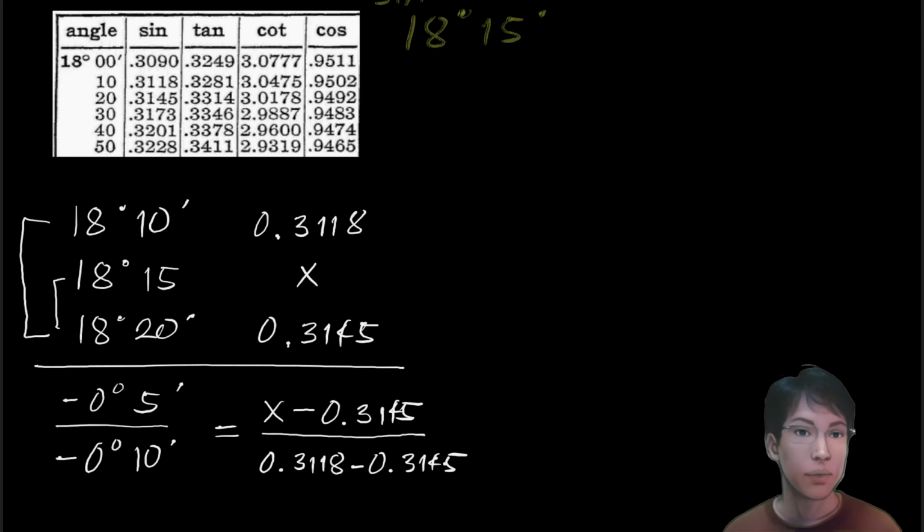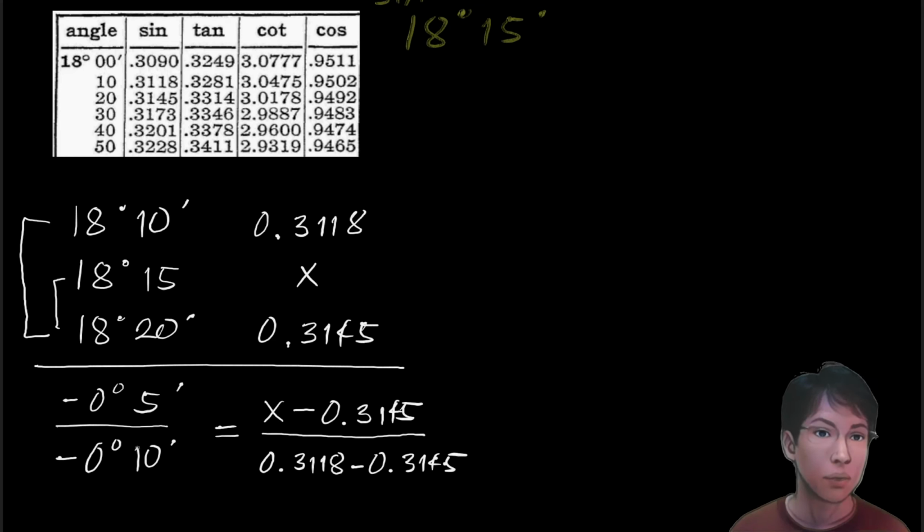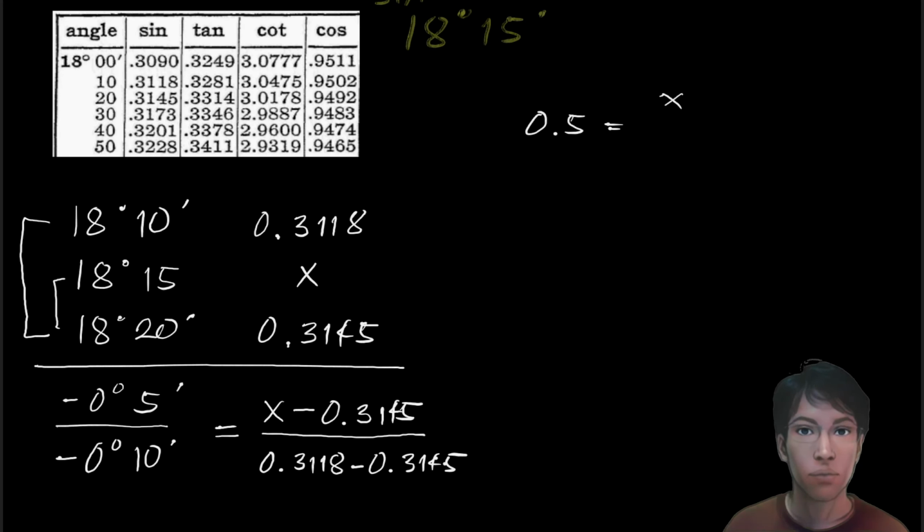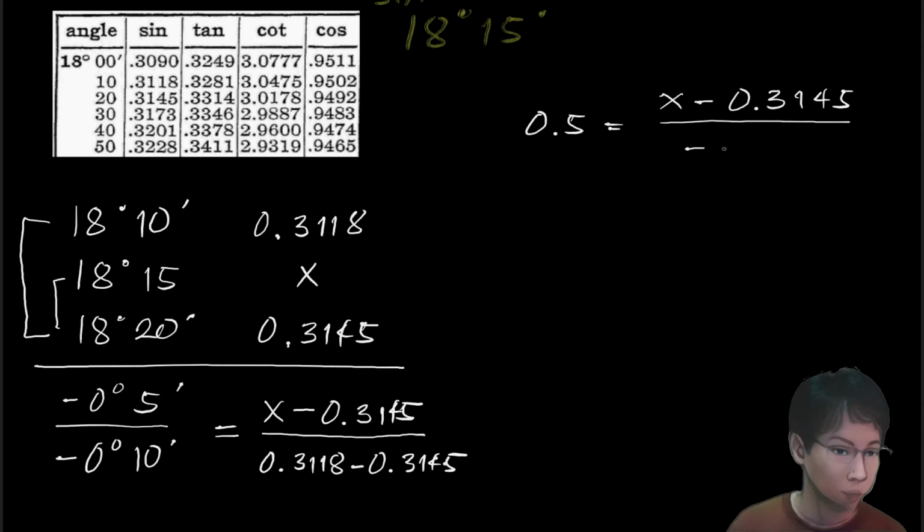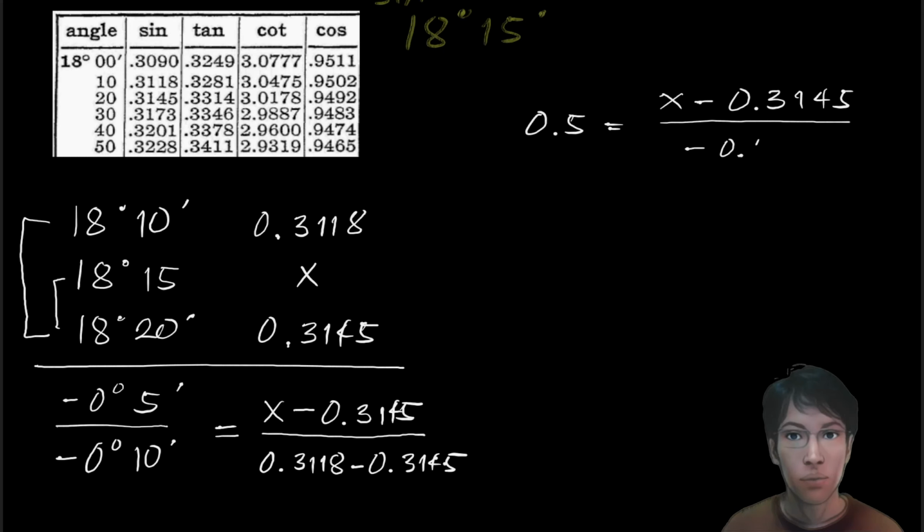And this one gives us an answer of 0.5. So let me continue over here. 0.5 is equivalent to x minus 0.3145 over negative 0.0027.